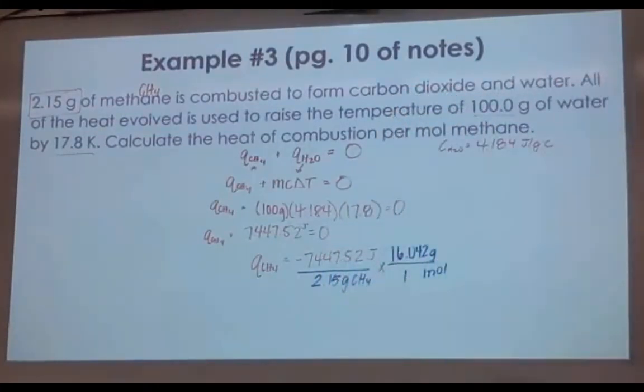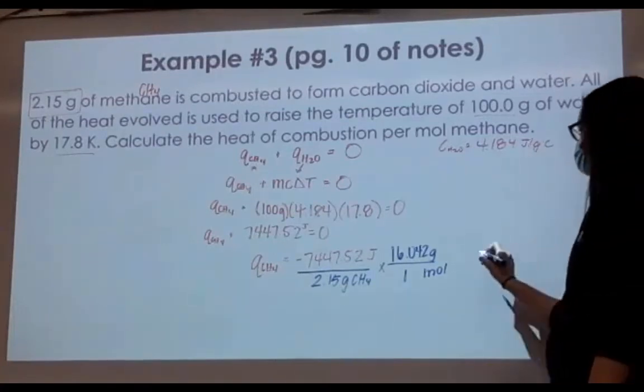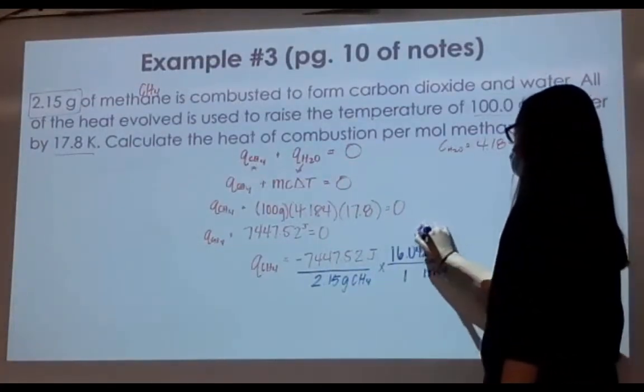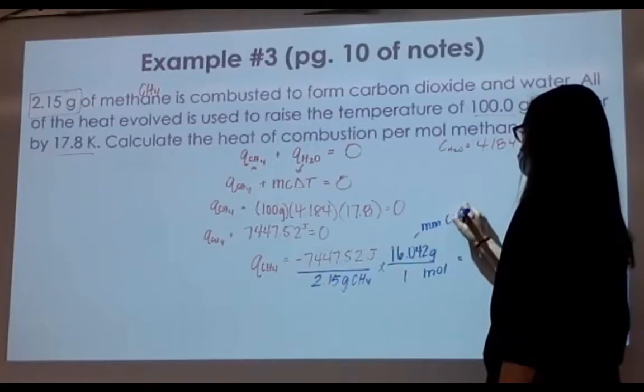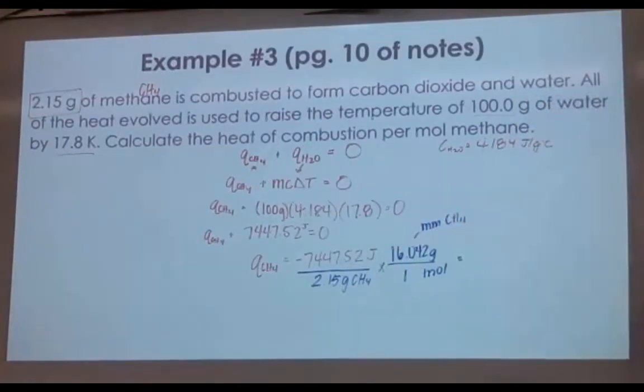So the molar mass of methane is 16.042 grams. Again, this is the molar mass of CH4. This is the difference between Q and delta H, this one calculation right here.